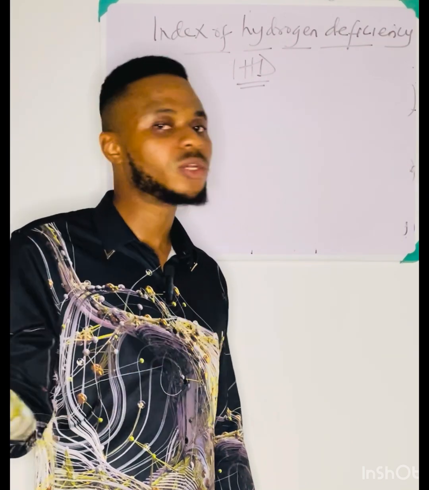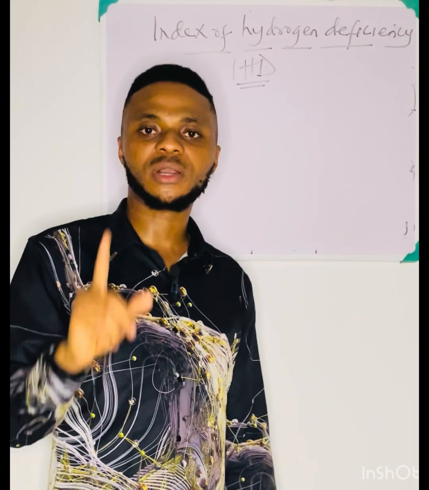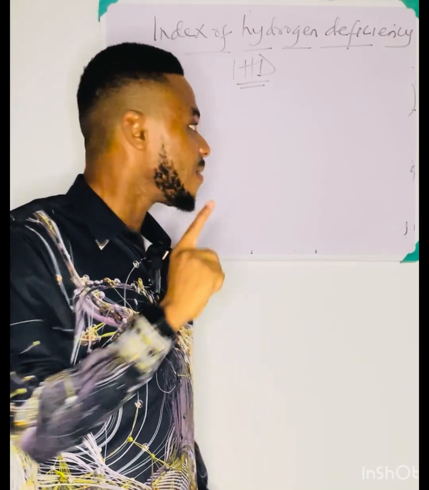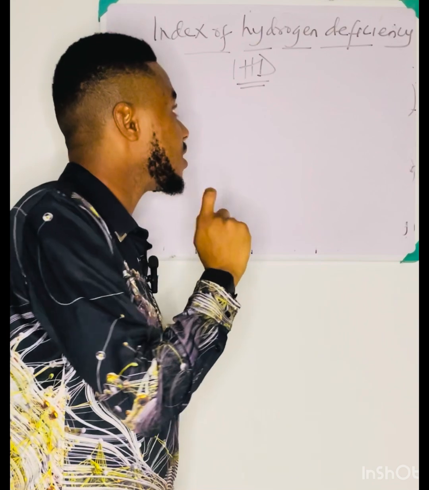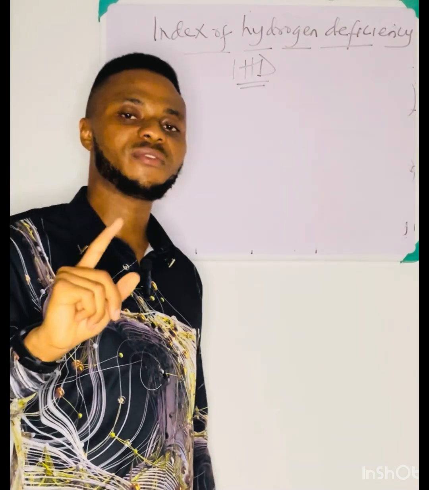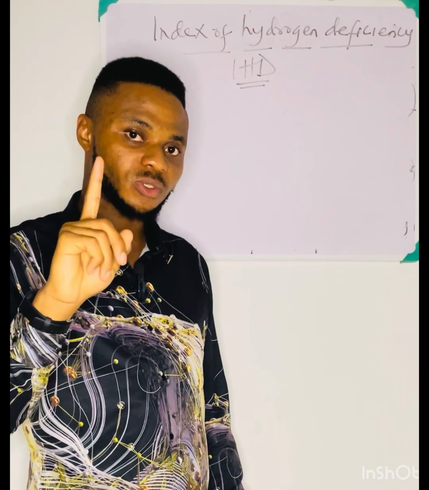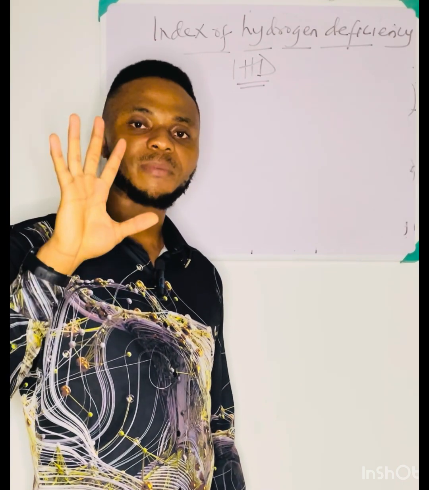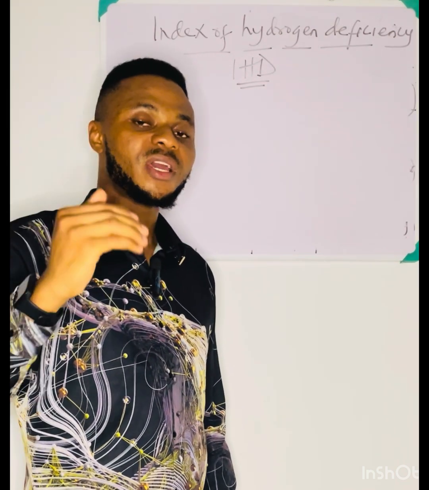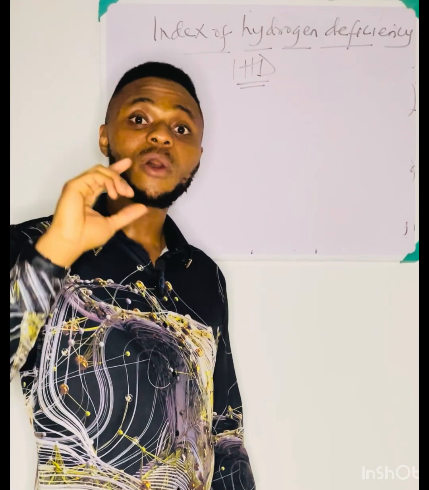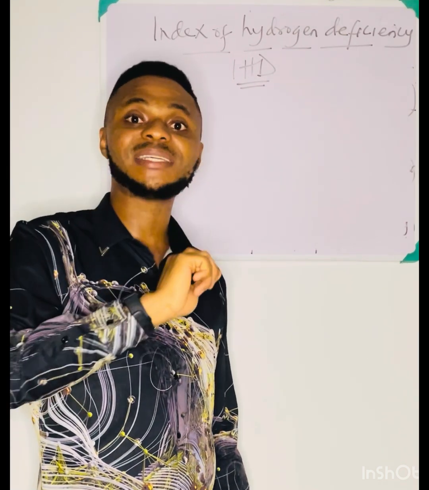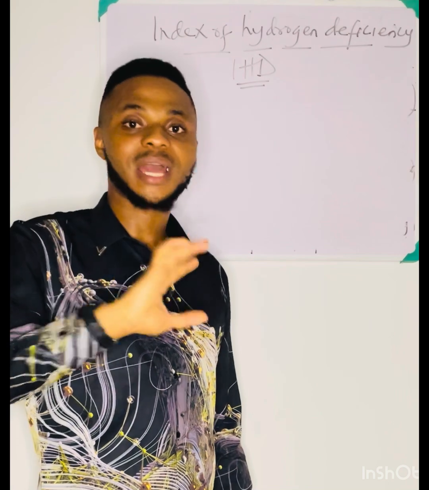The formula is incorrect. So it's sacrosanct to understand that if we are calculating the index of hydrogen deficiency and your IHD, for instance, is giving you 1, it means that that particular organic compound is lacking 1 hydrogen. If it's giving you 2, that organic compound is lacking 2 hydrogens. If it's giving you 0, it means that the formula is accurate, it's not lacking at all.